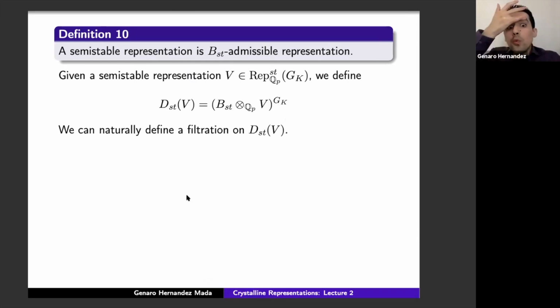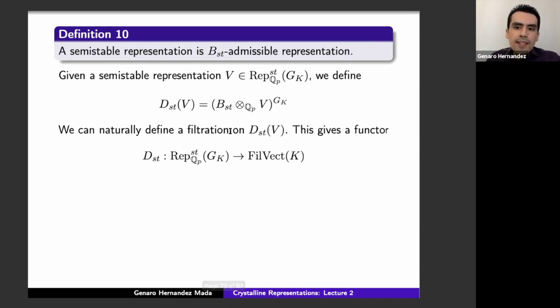We can define a filtration on D_st because we have a filtration on B_st, and that gives a functor from the category of semi-stable representations to filtered vector spaces.